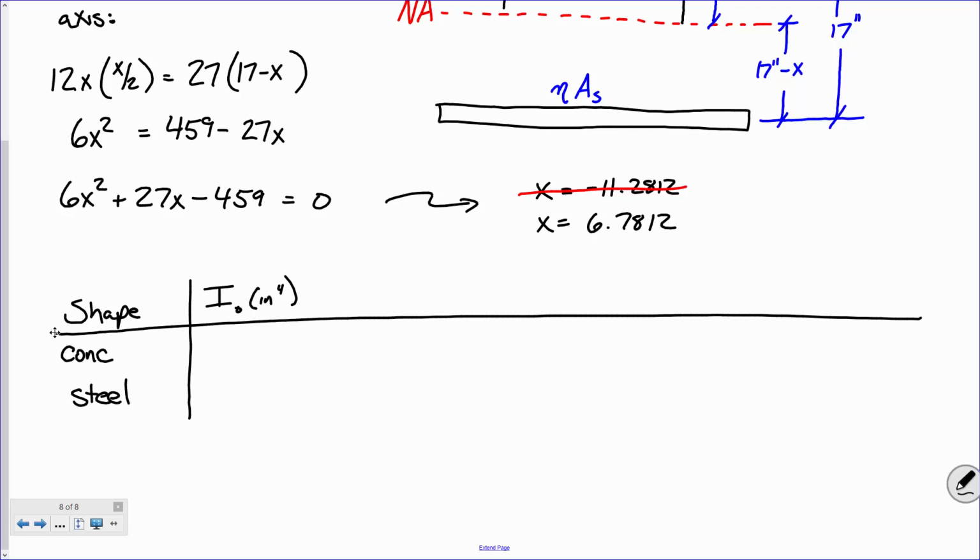How do we calculate the moment of inertia of a rectangle? BH cubed over 12, right? So in this instance, it's going to be BX cubed over 12. So it's going to be 12 times 6.78 cubed.